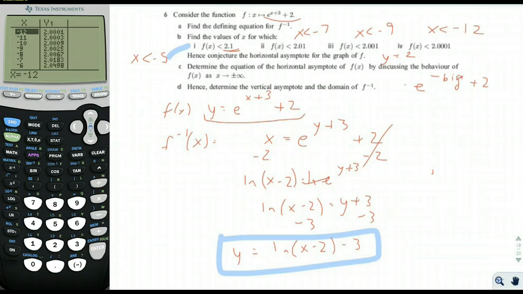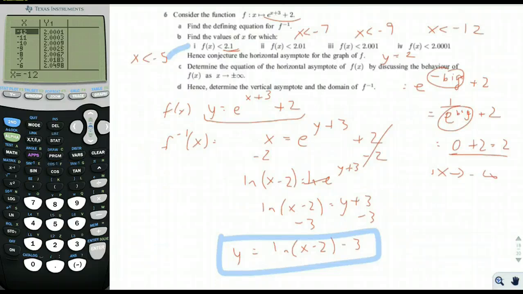Well, e to the negative big number is the same as 1 over e to a big number, positive big number, plus 2. And e to the big number is just a big number, so that's basically just saying 0 plus 2, which is 2. So when you put a negative big number in for x, then yes, you get an asymptote of 2. If you put a positive big number in, then you just end up with a really big number. So there is a horizontal asymptote when x goes to negative infinity, but not when x goes to positive infinity.